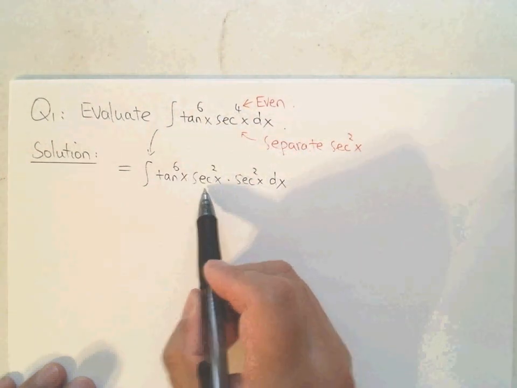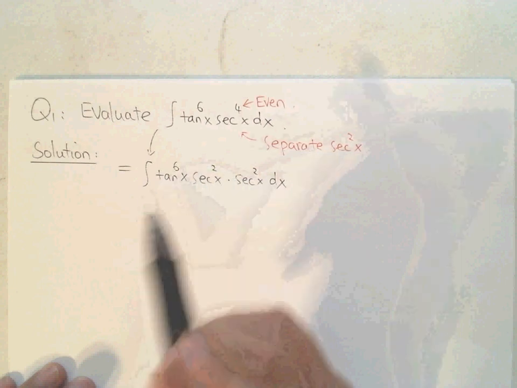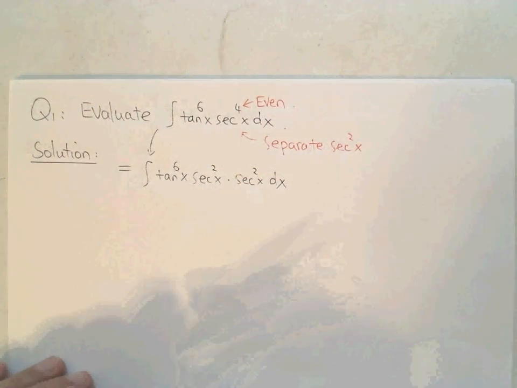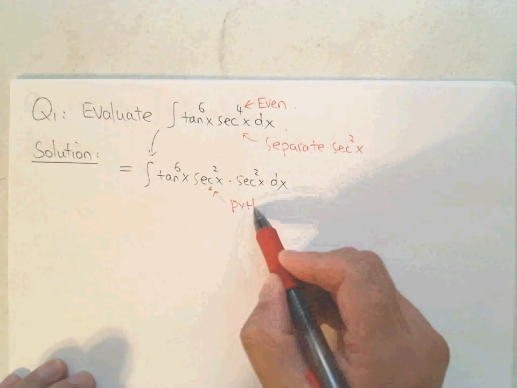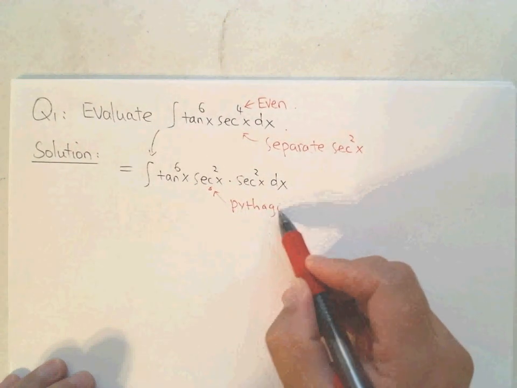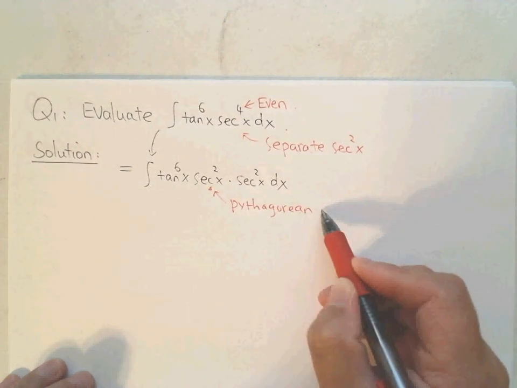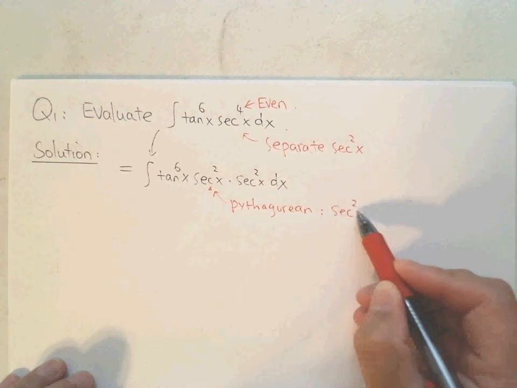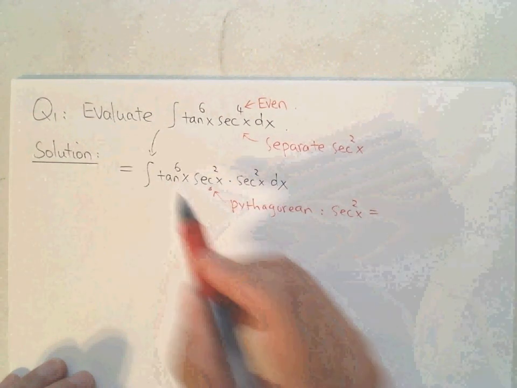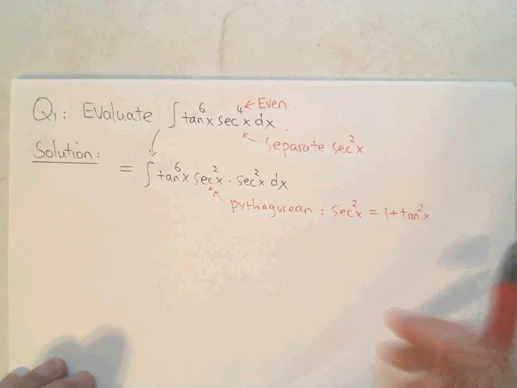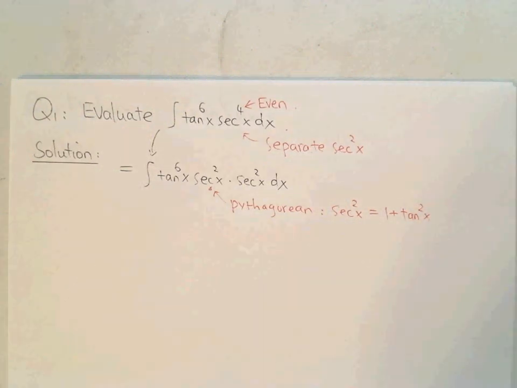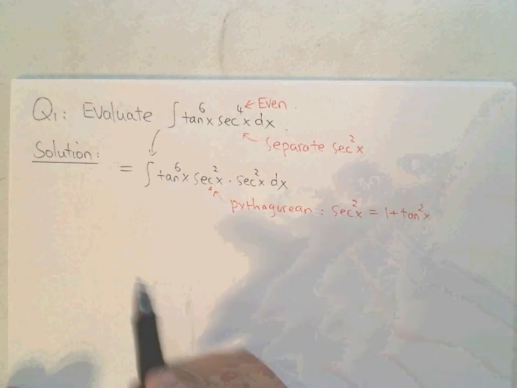So this is not a tangent. This is tangent already, u raised to the 6. So what about this? Pythagorean, right? Remember that. So this we have to use Pythagorean. What is the Pythagorean? Okay, we can make secant square go to 1 plus tangent square. Okay, another type of Pythagorean you learned from trigonometry, famous.